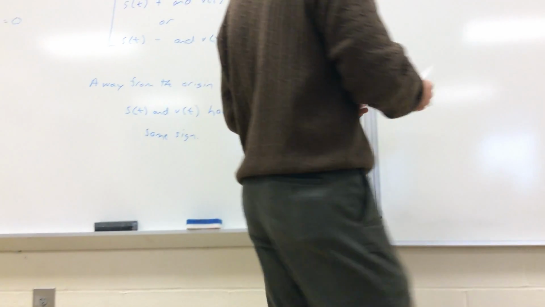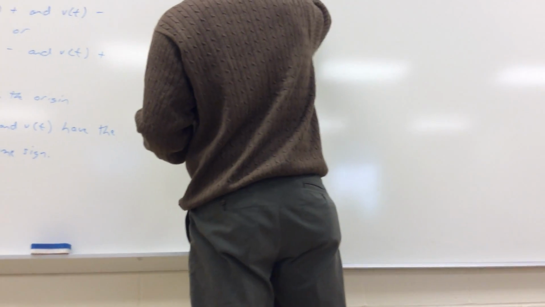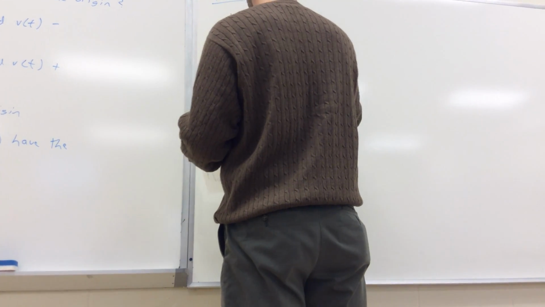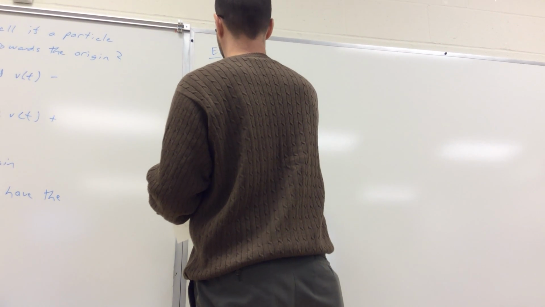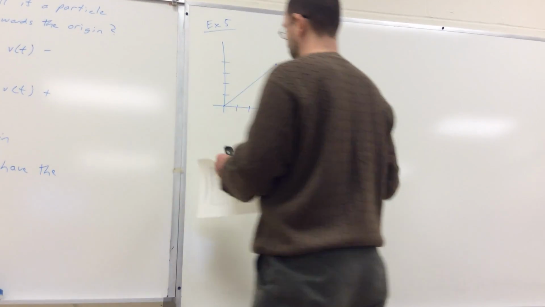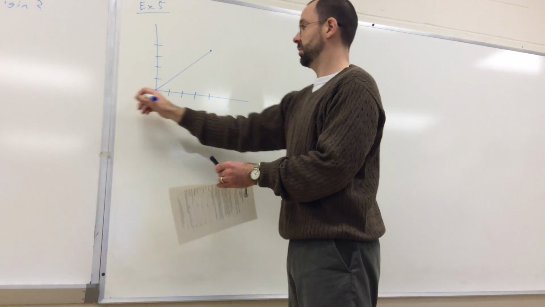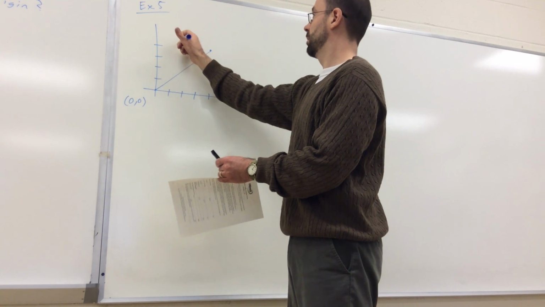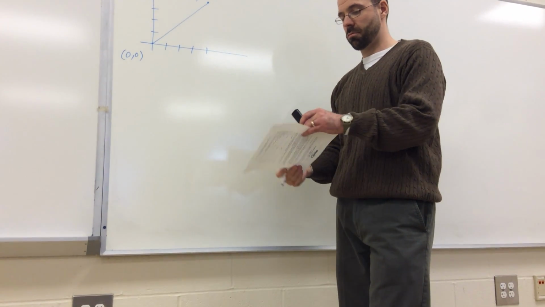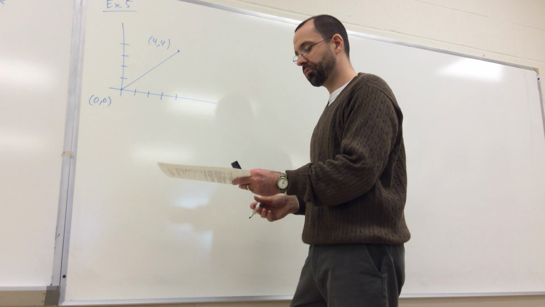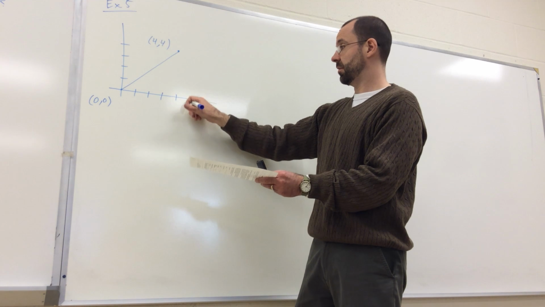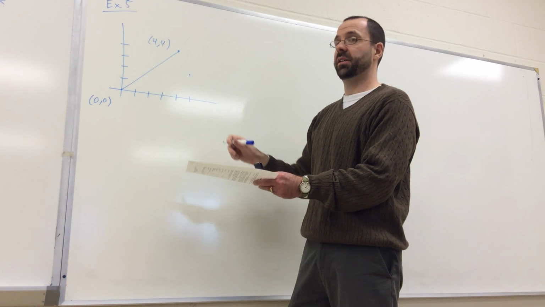Okay, we're going to look at a graph for example 5. It starts out as a straight line, and it goes from 0, 0 to 4, 4. Then later it ends up going through 5, 2, but don't connect it yet.